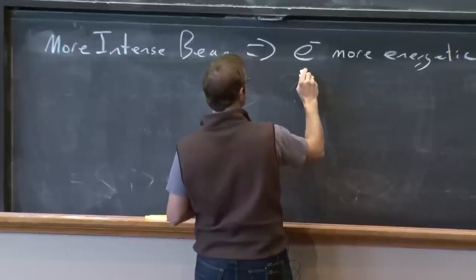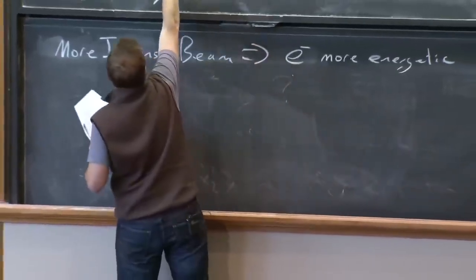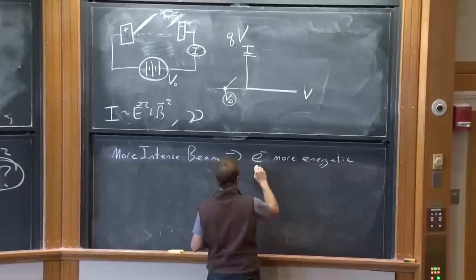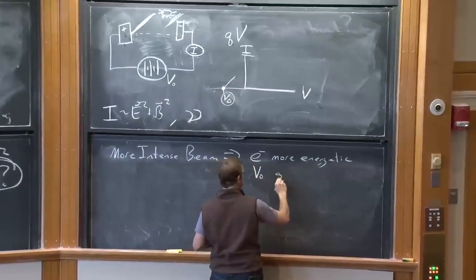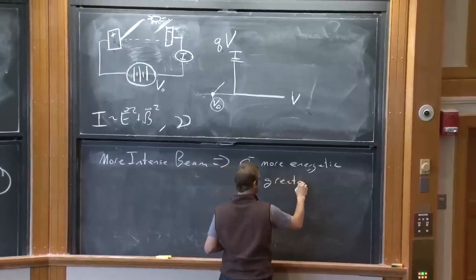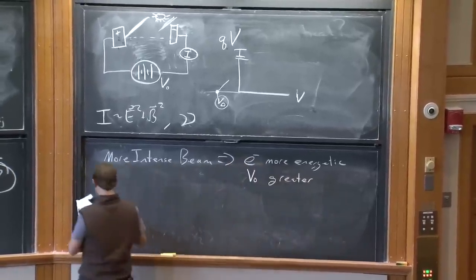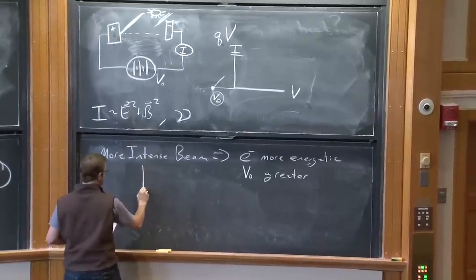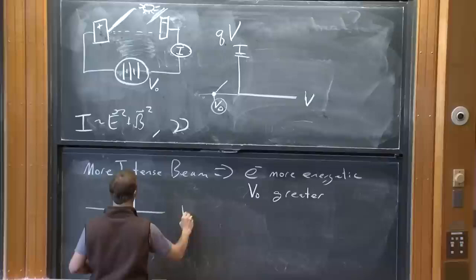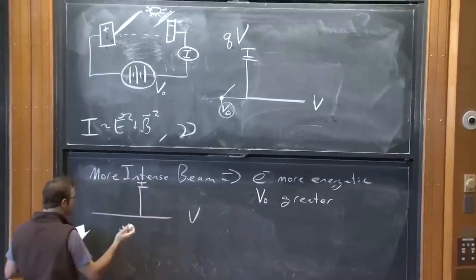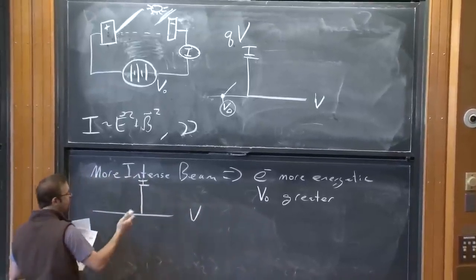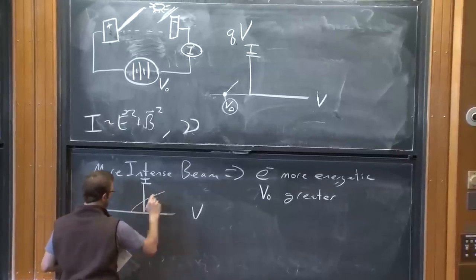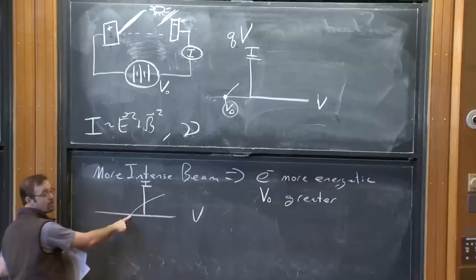And remember that the potential, which I will call V0, the stopping voltage, should therefore be greater in magnitude. So this anticipates that the way this curve should look as we vary the current as a function of V, if we have a low intensity beam, it shouldn't take too much potential to impede the motion, right?